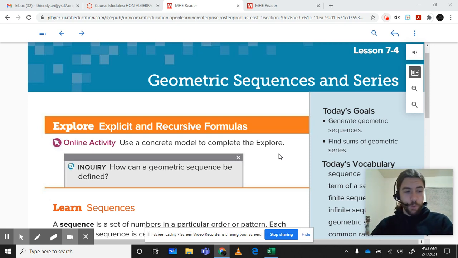Basically, a different way of thinking of it would be if you generated an exponential function, like 2 to the x, 3 to the x, 4 to the x, and you looked at the table of data and went down the values in the table, that would be a geometric series.